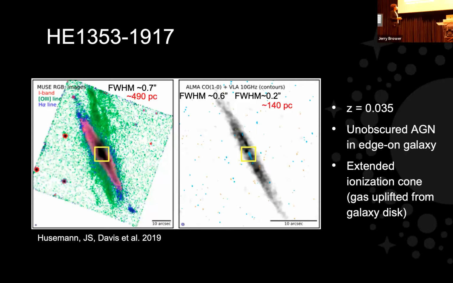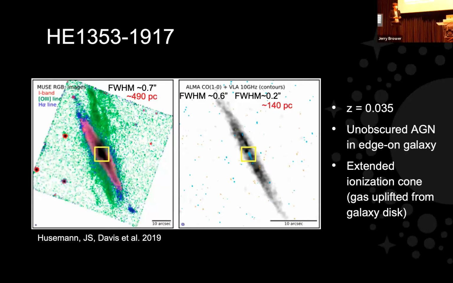So this was anyway an interesting source because it's an unobscured AGN, but still seen in a relatively edge-on galaxy from our point of view, which means that there is quite likely some major effect from the AGN onto the host galaxy. So this ionization cone, based on our interpretation, is not an AGN outflow, but it's probably gas that was uplifted from the disk through star formation processes and then illuminated by the AGN.